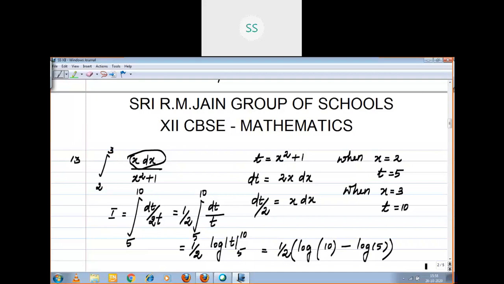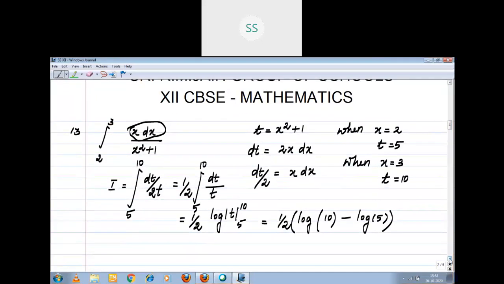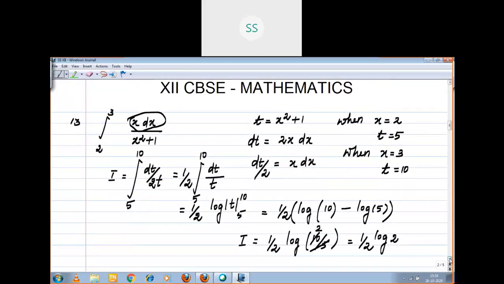It is a definite integral, so you can remove the modulus. The formula you have to represent in modulus; while substituting the value, you have to remove the modulus. There is no issue. I equals 1 by 2 into log of 10 divided by 5. That is log A minus log B, which is equal to 1 by 2 into log 2. Got it, children?